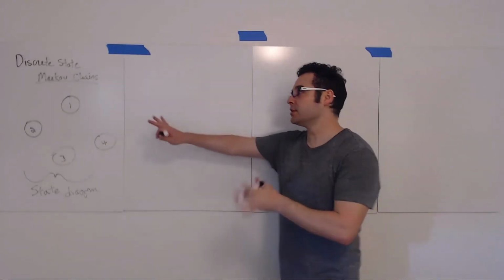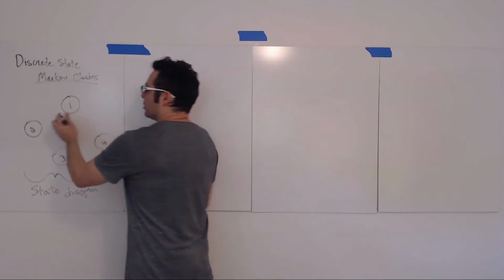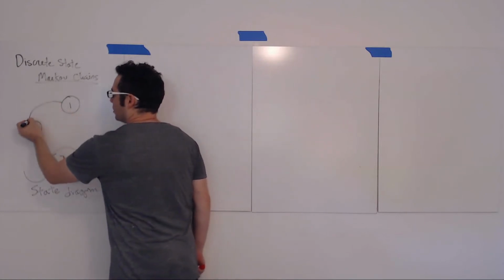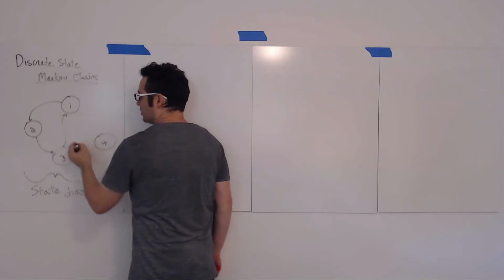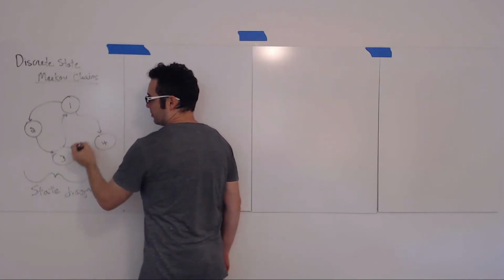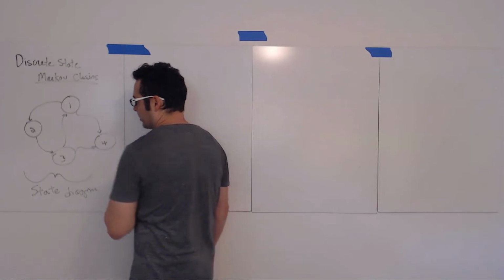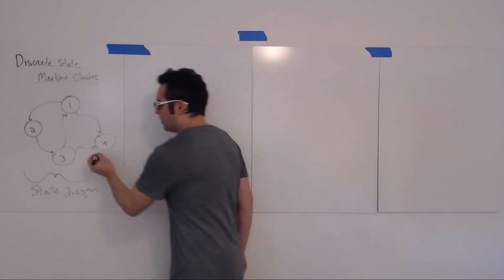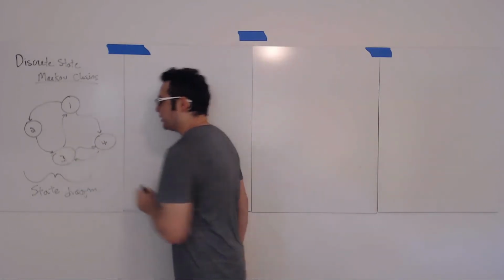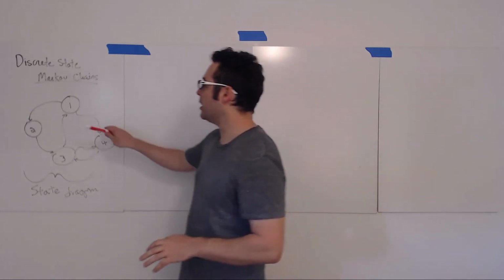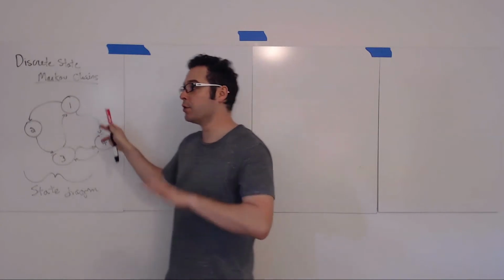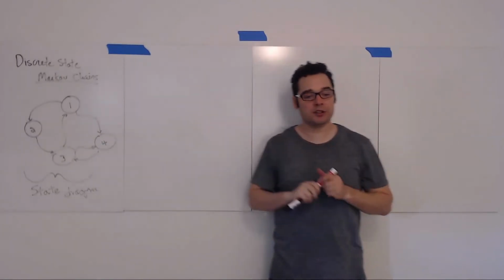And what happens is you have some probability of moving from one state to another. And we represent that probability by connecting each of the nodes with arrows. And what we do is we assign a probability of going from one state to another state.